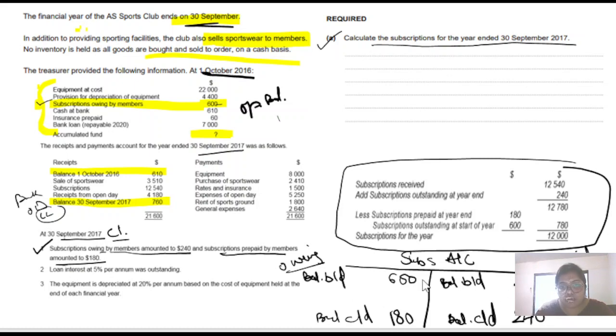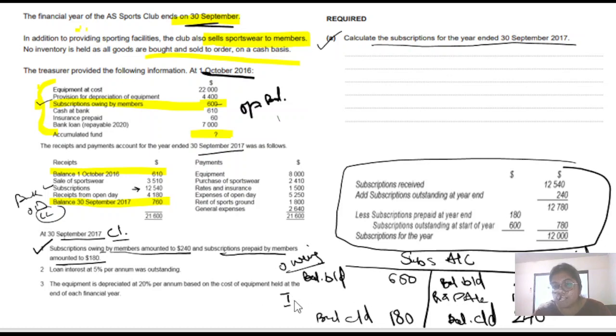After that, from the receipt and payment account, what is the subscription received during the year? It is given here: 12,540. So you write receipt and payment account 12,540. Then add 12,540 and 240, and deduct 600 and 180.